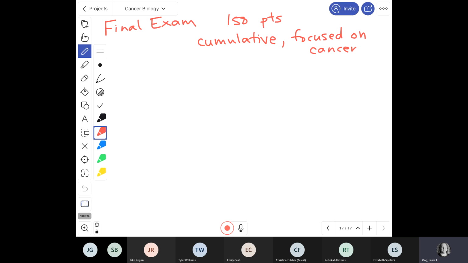So the kinds of things that you need to study the most are CDK cyclin pathways. Study CDK and cyclin pathways and their regulation.